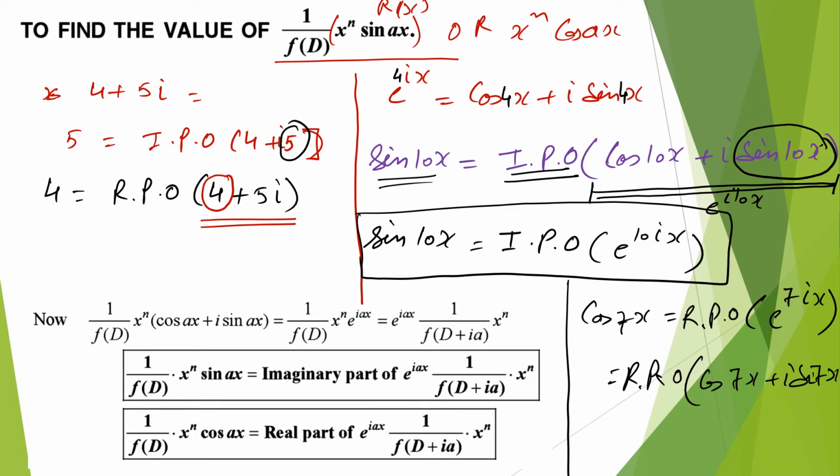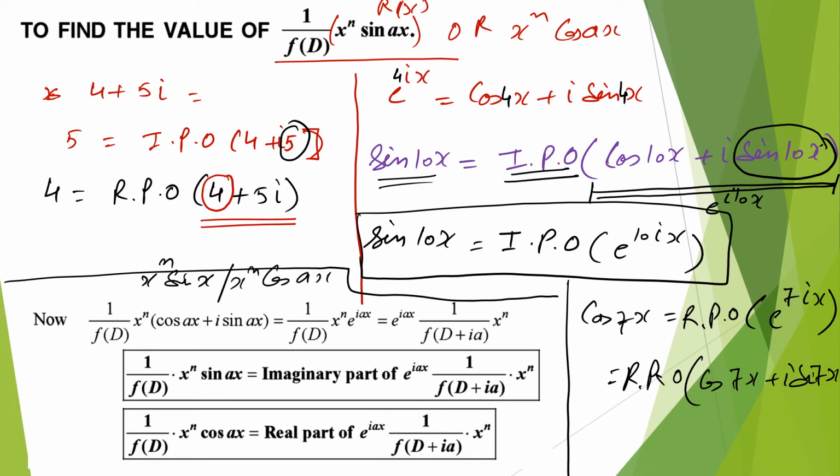Now after clearing these terms, we are going to discuss the rule for x to the power n sin ax or x to the power n cos ax. We convert the trigonometric term into the complex form, e to the power iota theta.